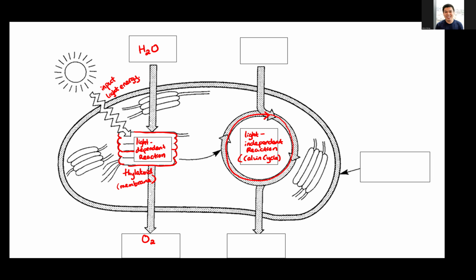It is a biochemical pathway, which means it consists of multiple steps of chemical reaction. The light-independent reaction takes in CO2 and converts it into glucose. This process happens in the stroma, which is outside the thylakoid but within the inner membrane of the chloroplast.